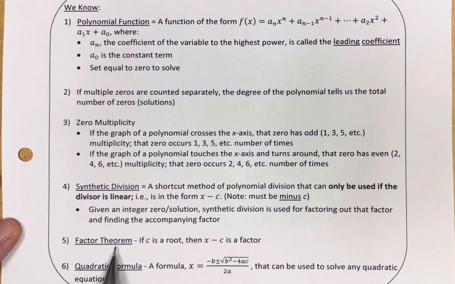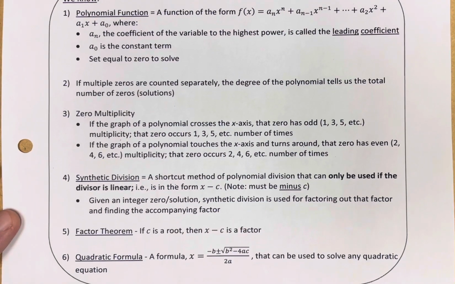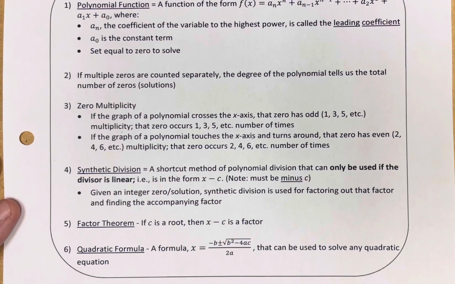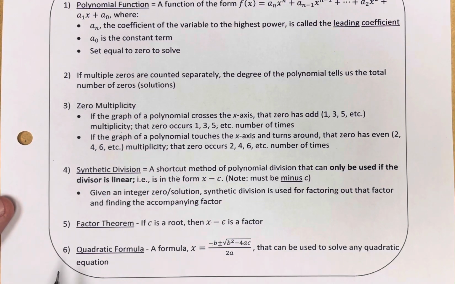We know the factor theorem: if c is a root, then x minus c is a factor. And of course, we know the quadratic formula, which we're going to make use of: opposite b plus or minus the square root of b squared minus 4ac, all divided by 2a. The quadratic formula can be used to solve any quadratic, no matter what it looks like.